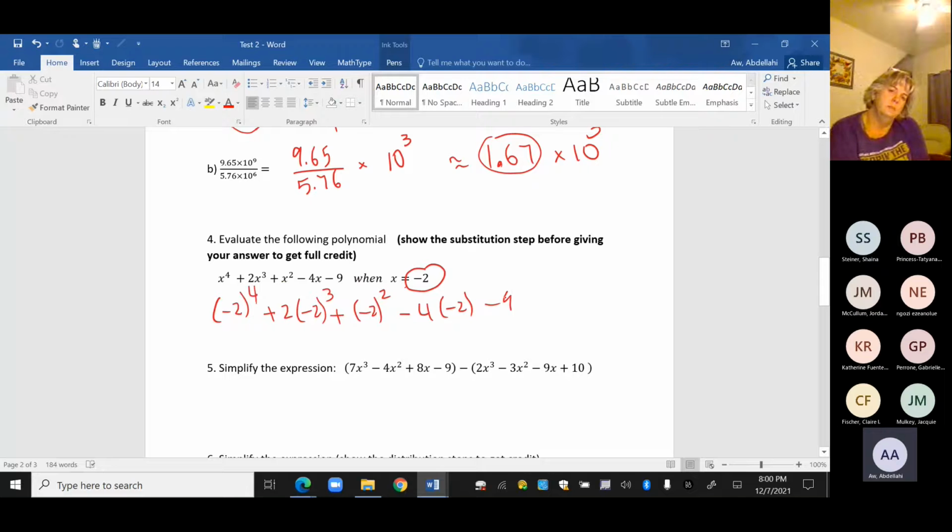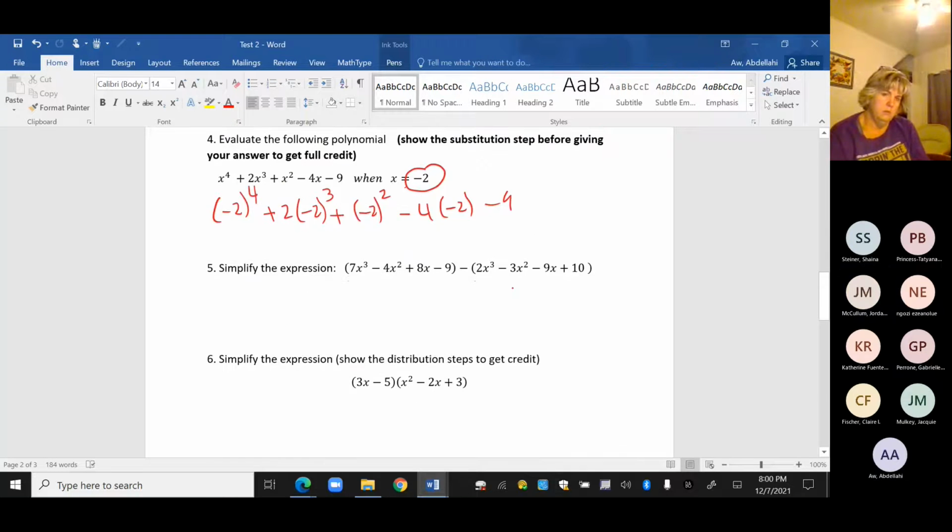Almost everybody will use a calculator. If you don't put parentheses, usually the calculators will not do it for you. You have to put parentheses, especially when you are dealing with negative numbers. And then you do the math.